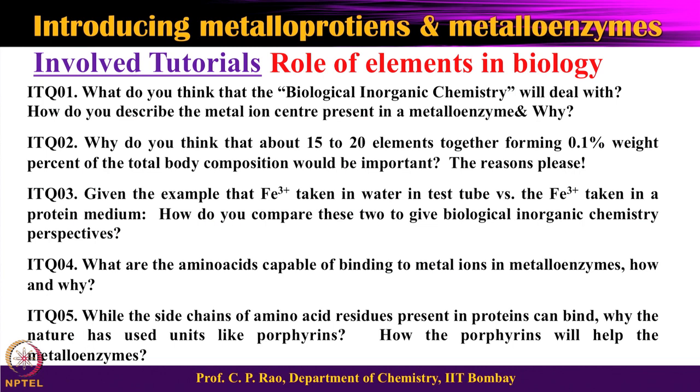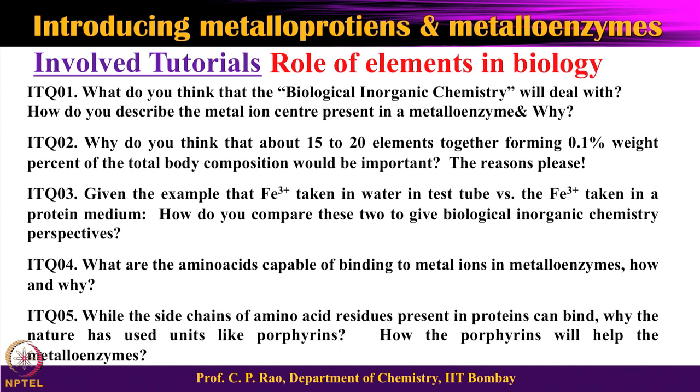There are some 15 to 20 elements which together are present in less than 0.1 weight percent. Because these are present in the enzymes, their total quantity will not be so high, but they are important because without these enzymes the body will not function.